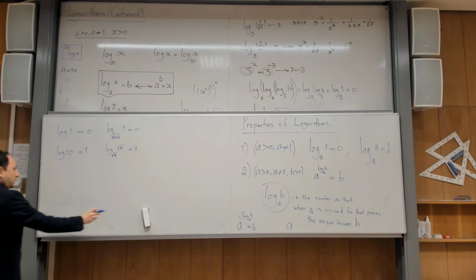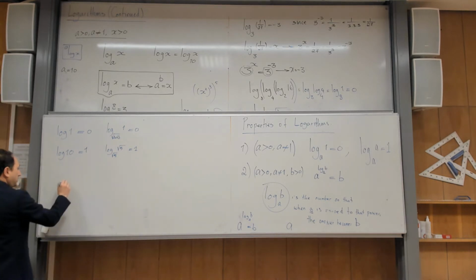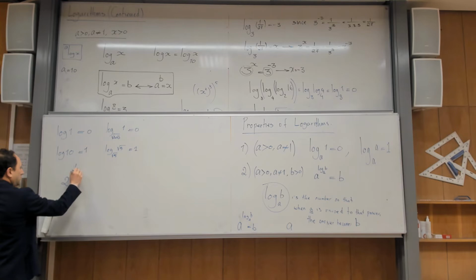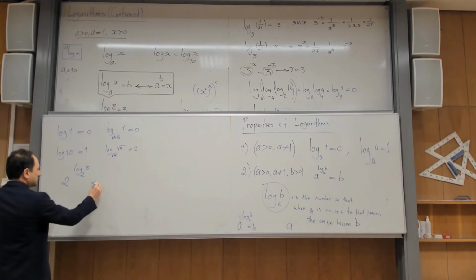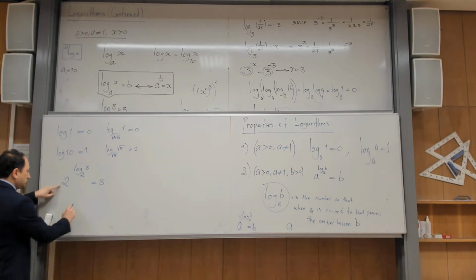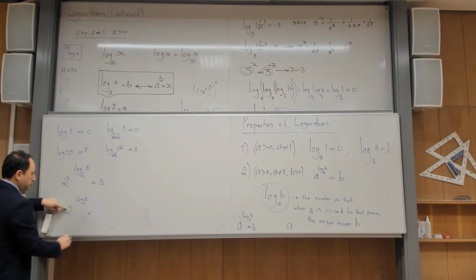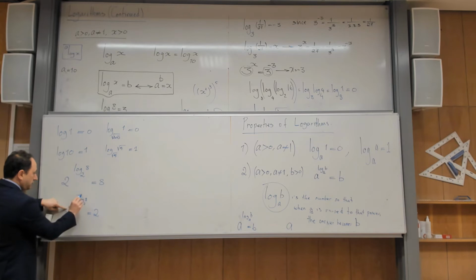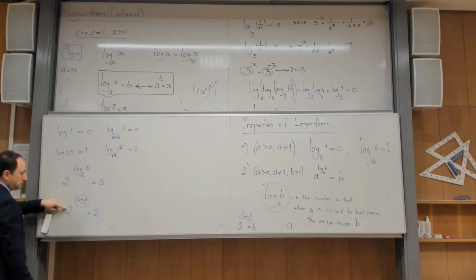But let me, for example, ask you this. If I write 2 to the power of log of 8 in base 2, what's the answer? 8. But if you don't understand that, you can still solve the problem. How? You can say 2 to the power of log of 8 in base 2 is equal to 2 to the power of, and log of 8 in base 2 is 3.